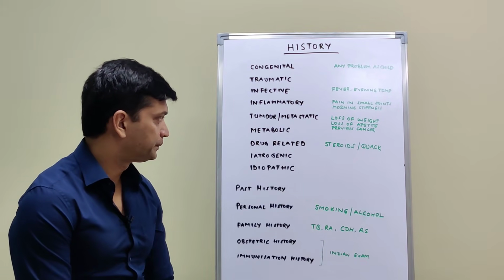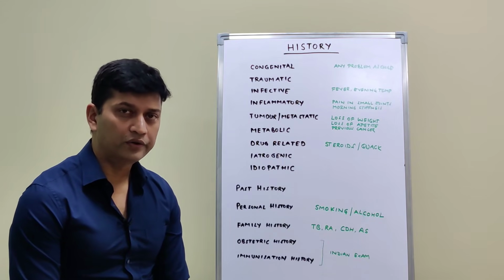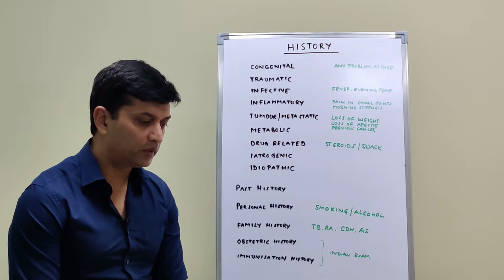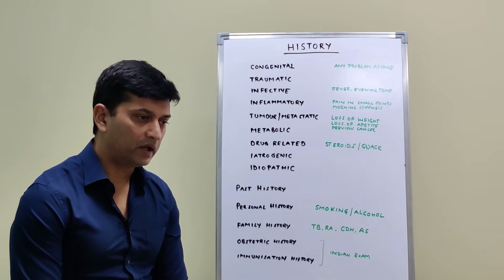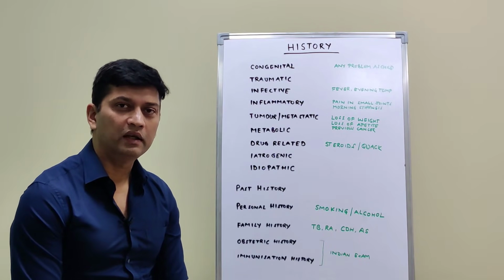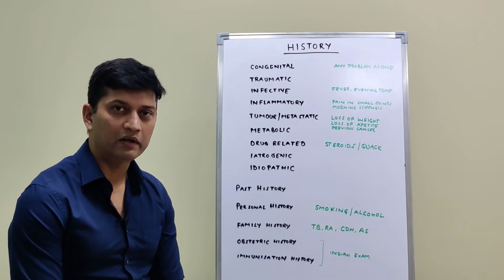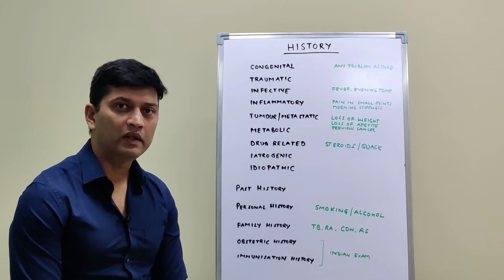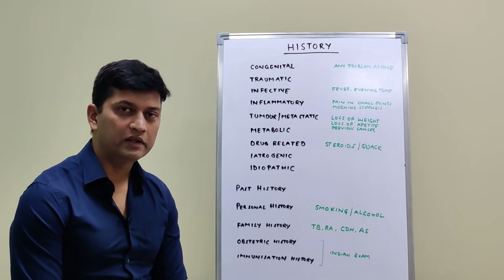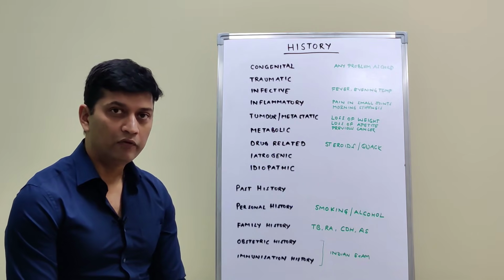Now, drug-related causes: somebody who has taken long courses of steroid, whether it is for COPD or any other inflammatory pathology, that is the common thing in developed countries. In India or in developing countries, the most common thing that you will find in young patients is they have taken medication from a quack, and it can be for multiple reasons, usually for gaining weight.